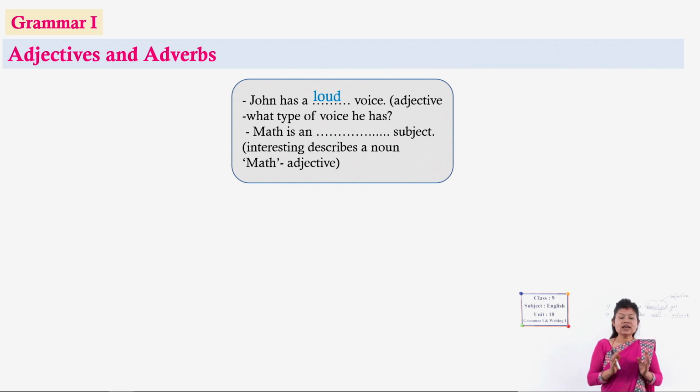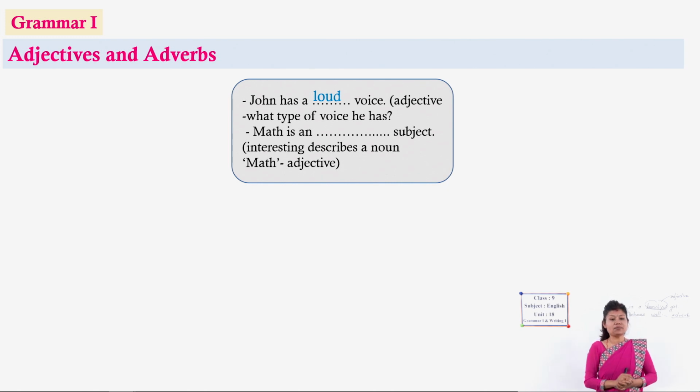John has a loud voice. So what is loud here? It's an adjective. Very good. Loud is an adjective because it describes what type of voice he has. It modifies voice, the quality of his voice. So it is an adjective.